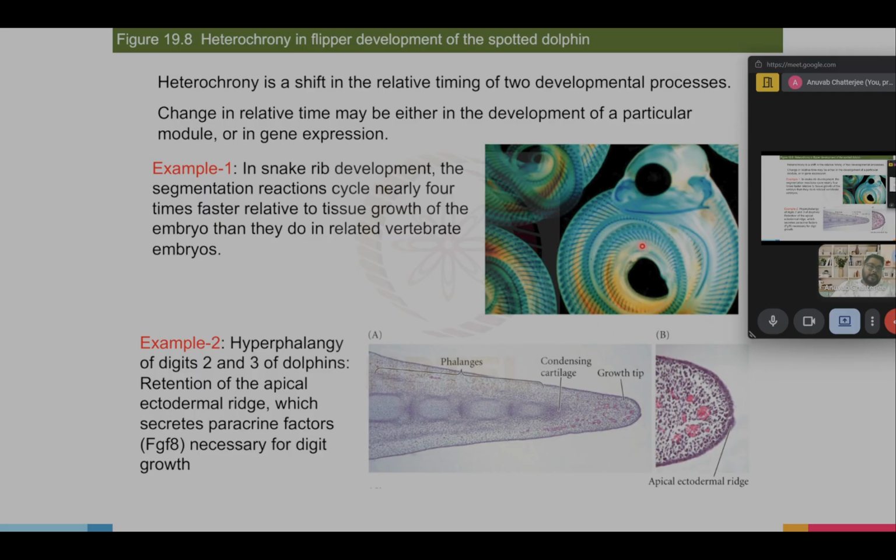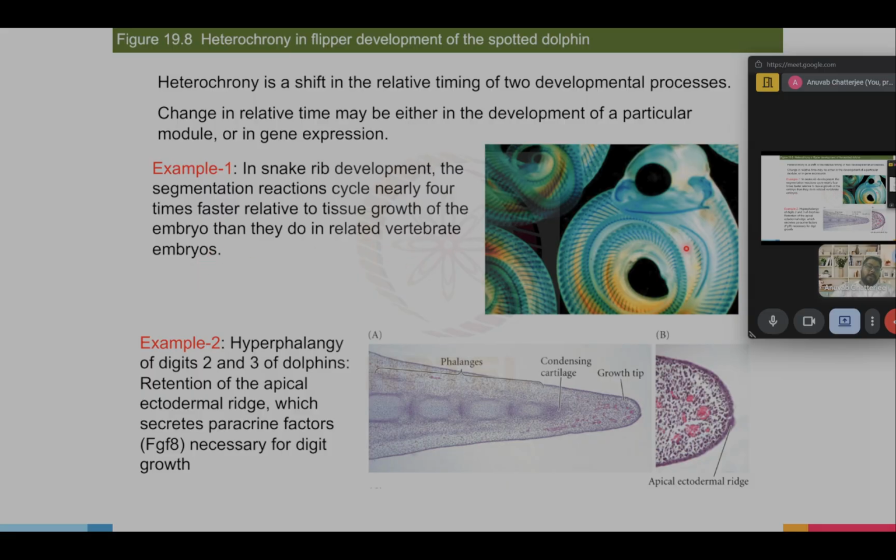But the question is, how exactly does the development of the other parts of the body occur in the same time as formation of so many ribs throughout the spinal cord? The reason is, in case of snake rib development, the segmentation reactions cycle nearly 4 times faster relative to tissue growth of the embryo than they do in other vertebrates.